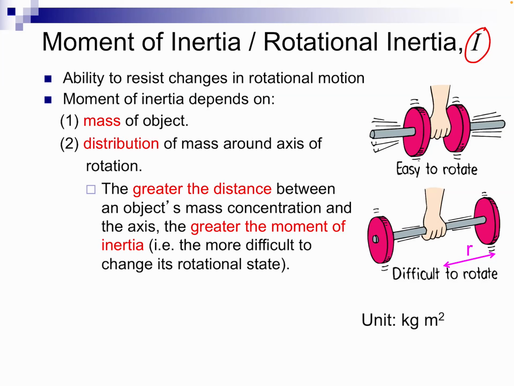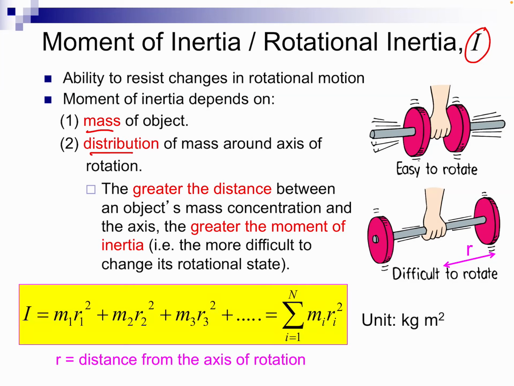So how do we find the moment of inertia or rotational inertia? It should depend on the mass and the distribution R. Given a set of masses, say as shown here, you have two masses, the moment of inertia of this dumbbell is equal to the mass at one end times the distance of that mass to the point of rotation squared, plus the mass at the other end times its distance from the point of rotation squared.